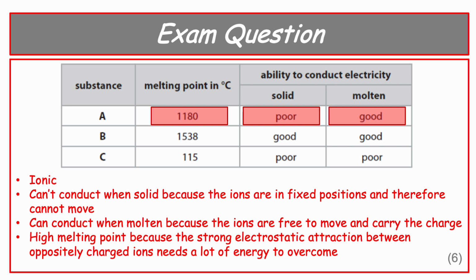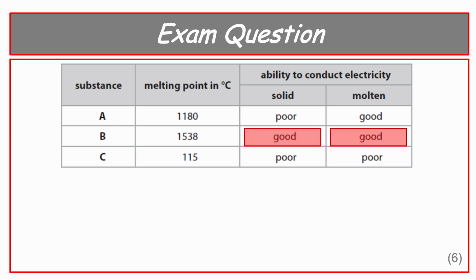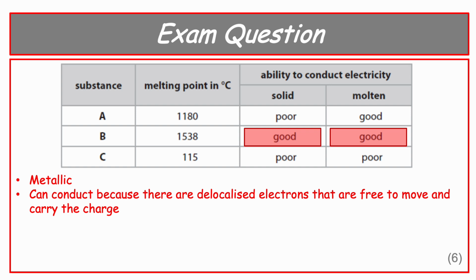Moving on to substance B, we've got a high melting point. It can conduct when solid and it can conduct when liquid. B therefore must be a metal and must display metallic bonding because only metals can conduct both when solid and when molten. And your explanation for that is it can conduct because it's got delocalized electrons which can carry the charge.